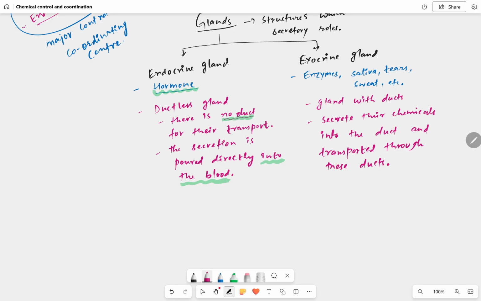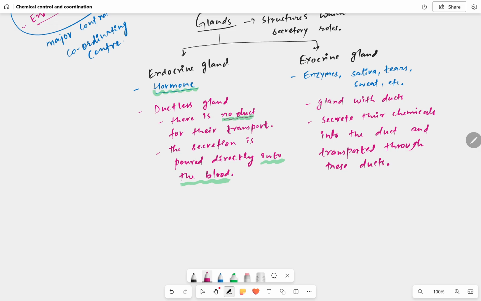So the endocrine gland is a ductless gland, and its secretion is directly poured into blood, and blood is the medium which is the key player in the transport of the endocrine product, that is hormone. But this is not the same case with the exocrine gland.